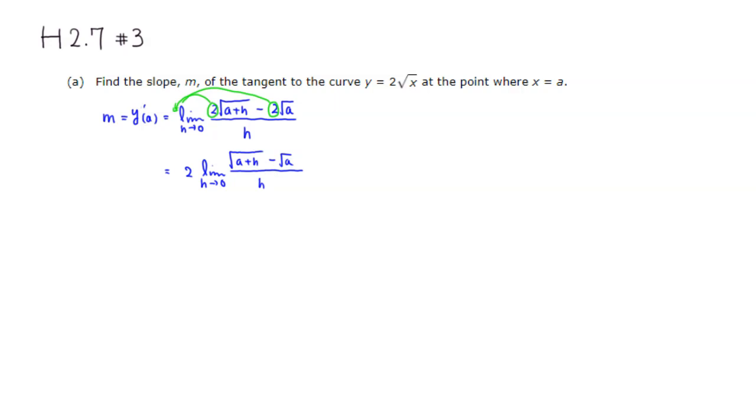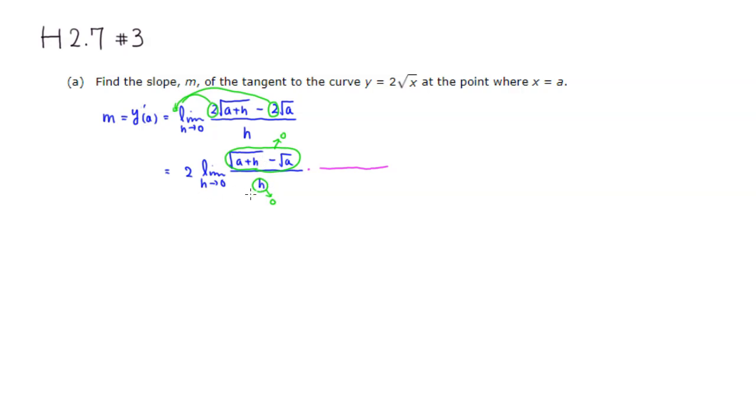Then we can do the trick. You can see that if you plug in h equals 0, the denominator goes to 0, and the numerator, square root of a plus 0 minus square root of a, also goes to 0. If you have 0 over 0, there will be a common factor between the numerator and denominator.